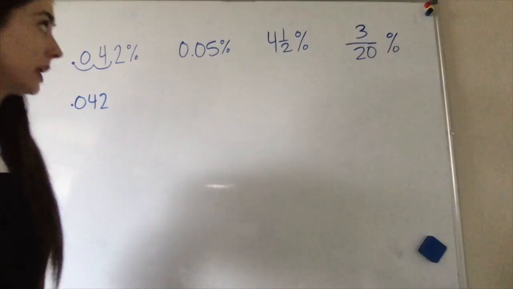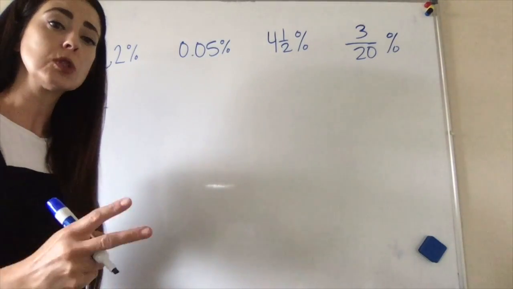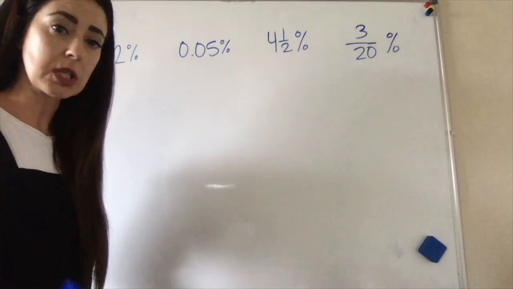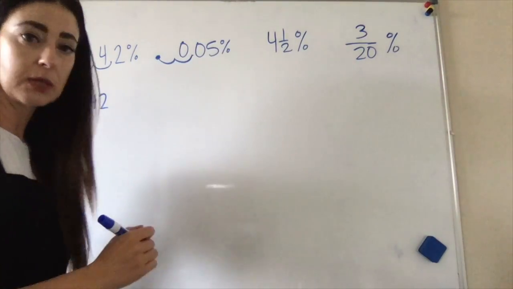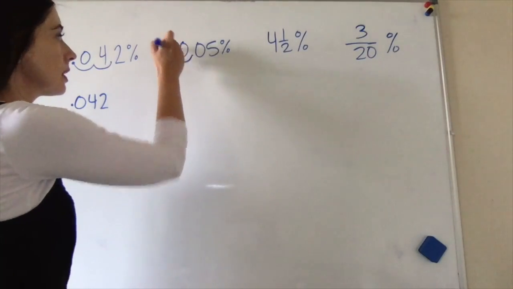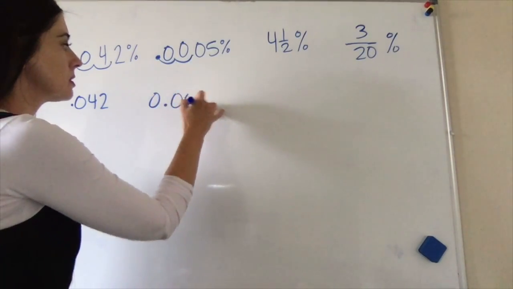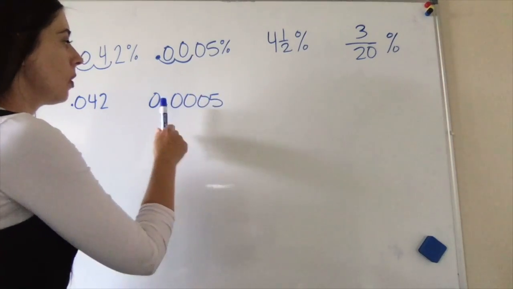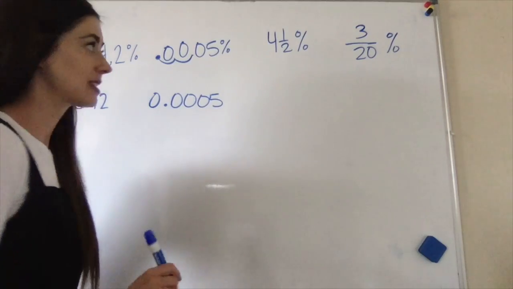Now, for 0.05%, we still have to do the same thing. We have to move the decimal 2 spots because we're dividing, the number is going to get smaller. So we're going to go 1, 2. Again, we have an empty place value or swoop, so we're going to fill in a 0. And we get 0.0005 or tenths, hundredths, thousandths, 5/10 thousandths, okay?